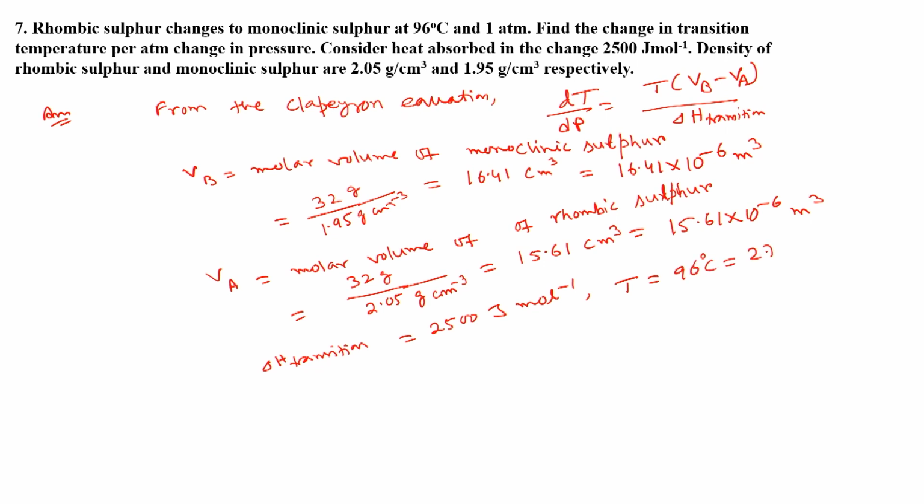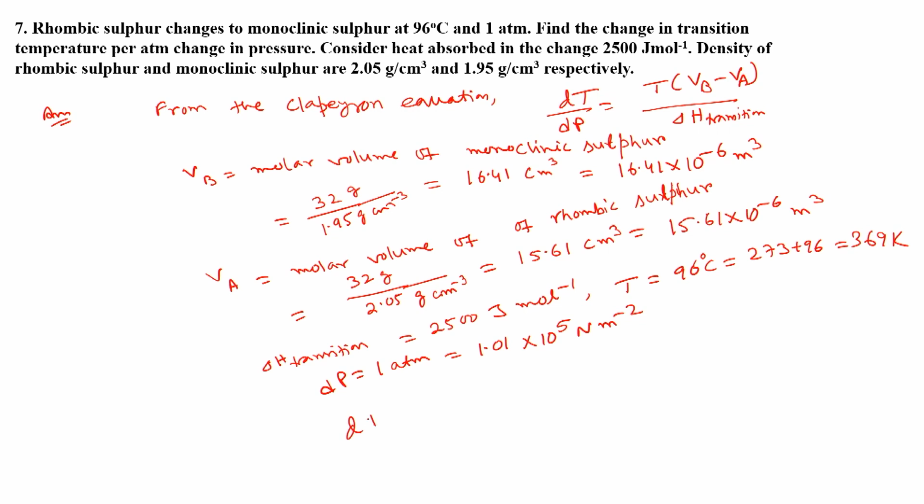So, 273 plus 96 gives you 369 Kelvin, okay. And dP is 1 atmosphere. So, 1.01 times 10 to the 5 Newton meter to the minus 2.